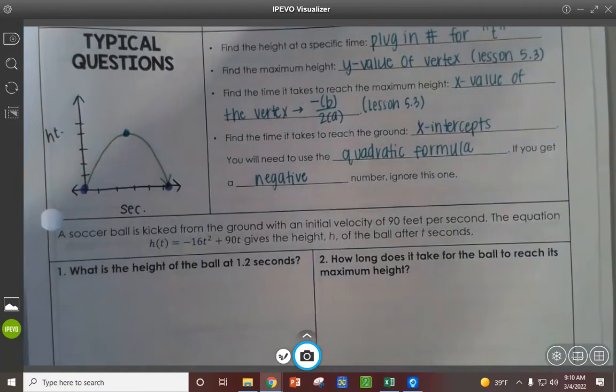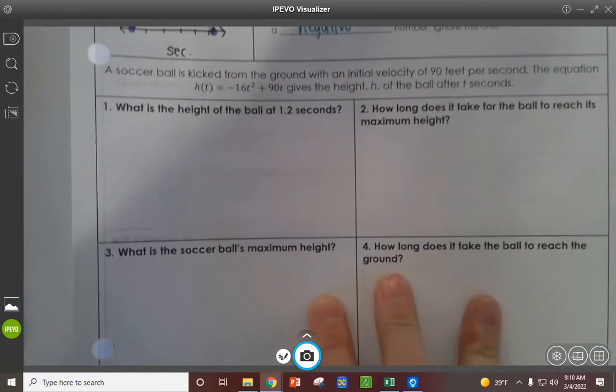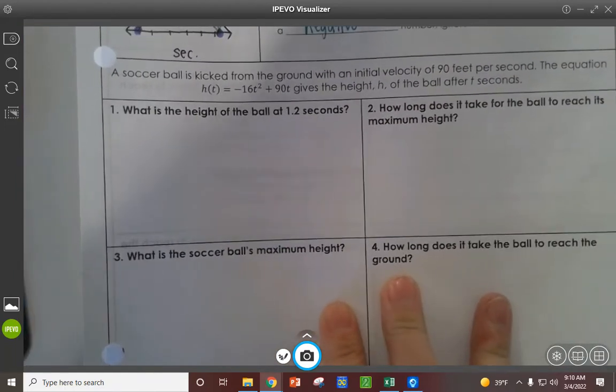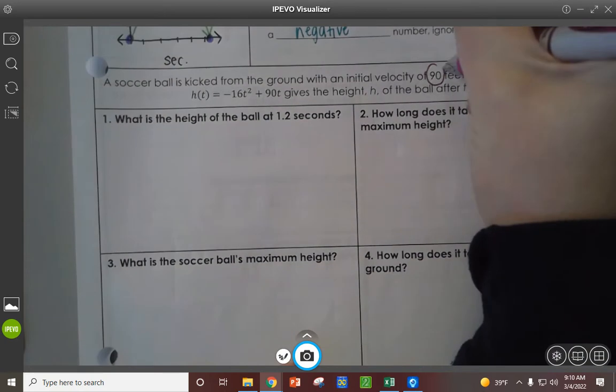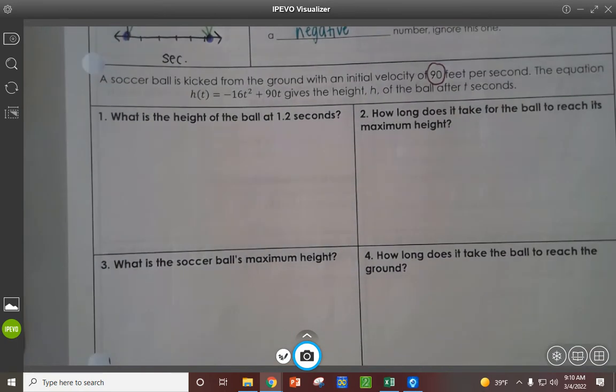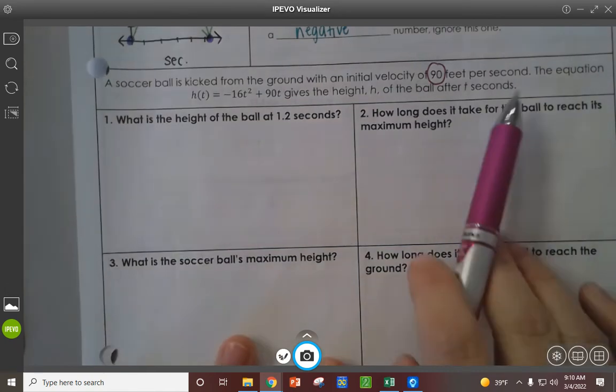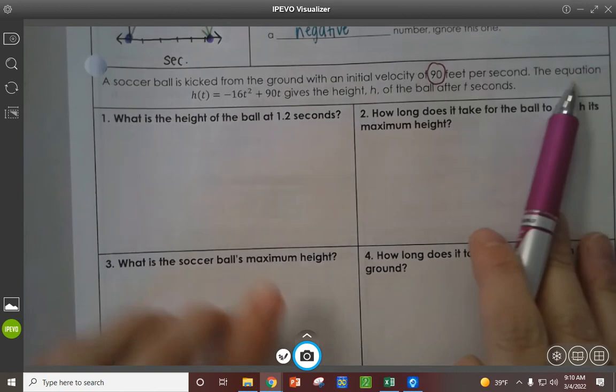And you'll want to be referring back to this information. A soccer ball is kicked from the ground with an initial velocity of 90 feet per second. It doesn't give us any other starting height. And this one actually gives us an equation.